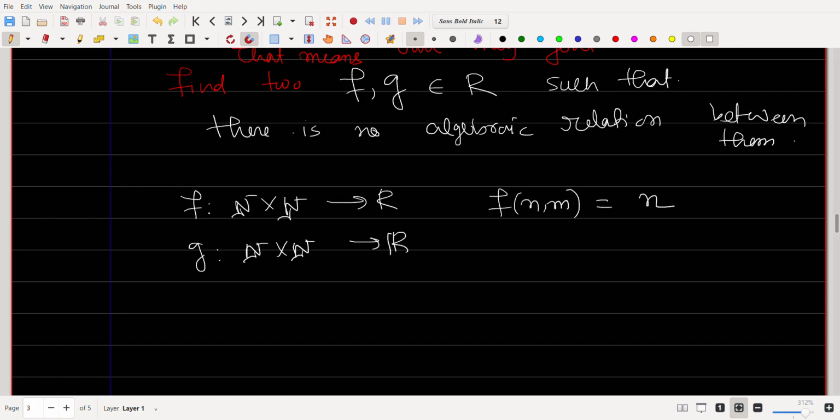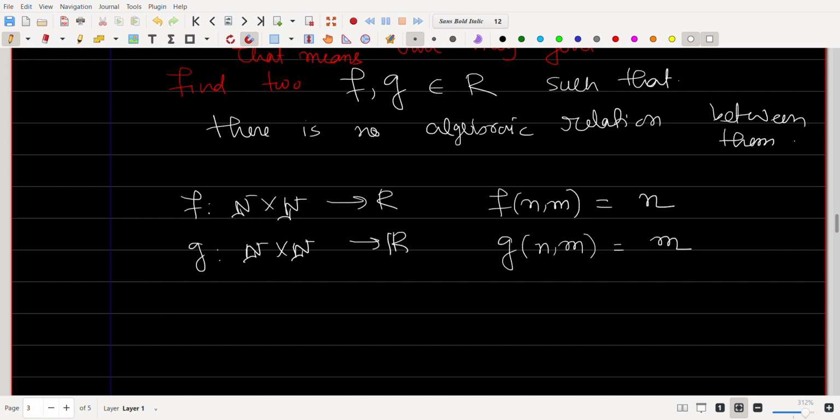Projection map on the first coordinate, and then take the projection map on the second coordinate. You can take any other functions like this also. It doesn't matter.